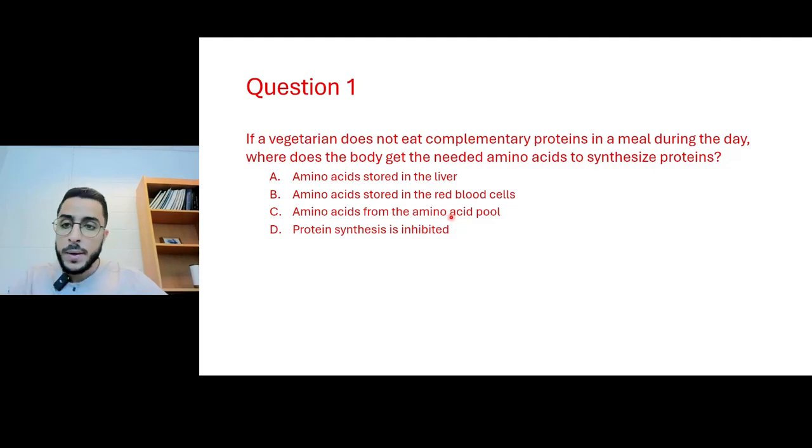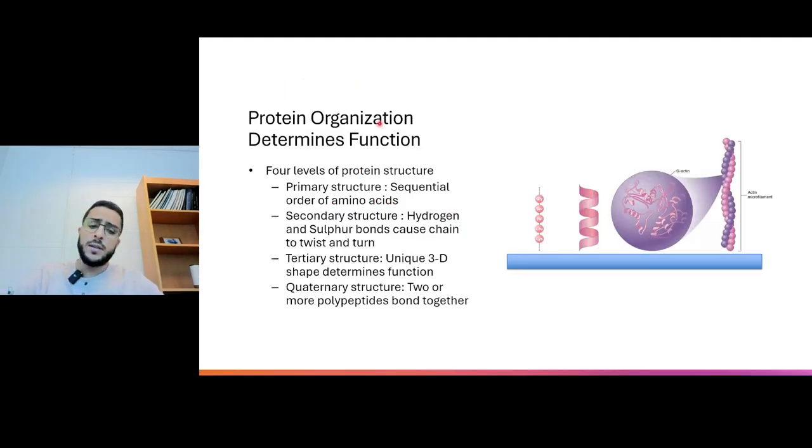Okay. So as I said a few slides ago, proteins are organized into 3D structures. The primary structure is just a sequence of amino acids. It's the peptide that comes out from the ribosome. It gets converted into a secondary structure, usually by itself, by forming hydrogen bonds between the amino acids and sulfur bonds to create the disulfide bridges that you probably learned about.